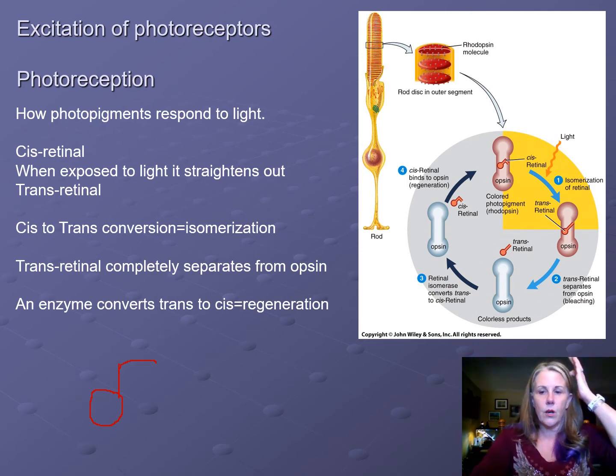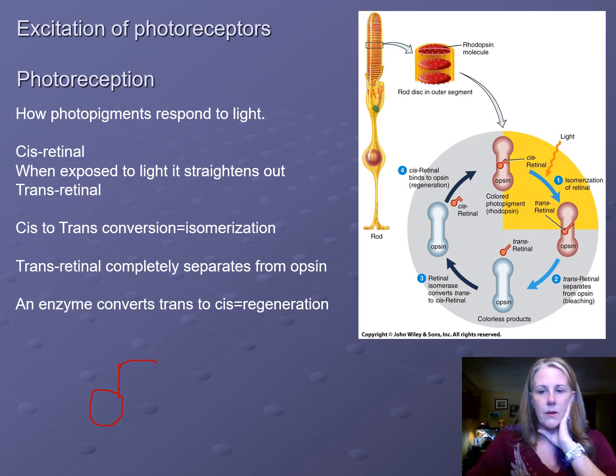Okay? So if we were to take a look inside the rod at the pigment, right before it is exposed to light, it's going to look like this drawing. Okay, the pigment will look like this. It's made up of opsin, and what was the other one? Retinol. Okay.